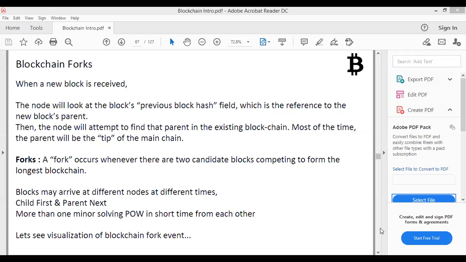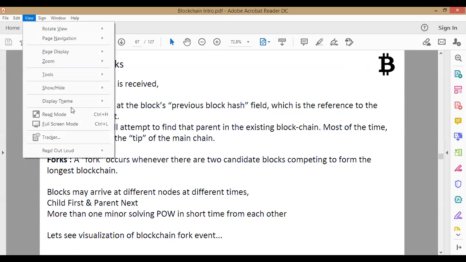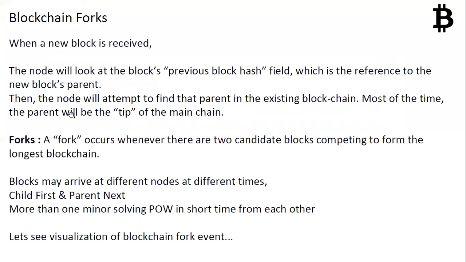Now let me explain Bitcoin forks. When a new block is received, the node will look at the block's previous block hash field, which is a reference to the new block's parent.